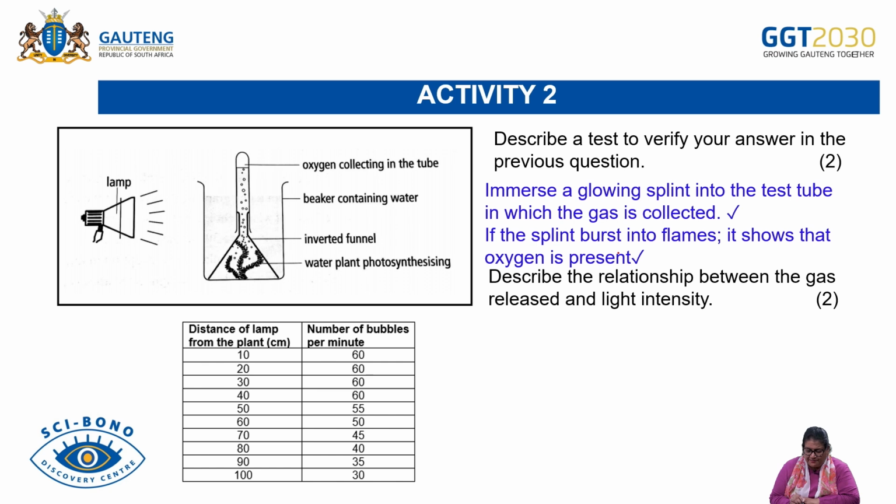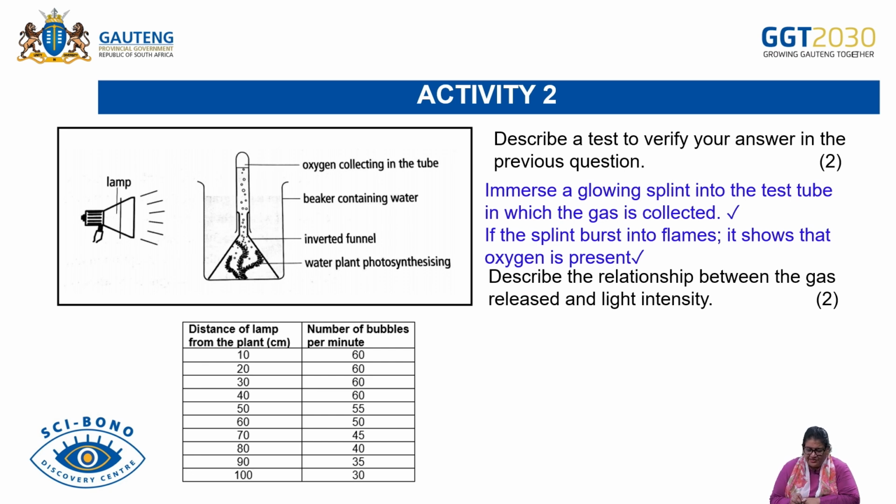If the splinter bursts into a flame, it shows that oxygen is present. Can you see? It's a full sentence of how you're going to describe it. You don't just say, use a glowing splinter. You say, use a glowing splinter, put it into the test tube where the gas was collected, and if it bursts into a flame, it will indicate that the gas released was oxygen.